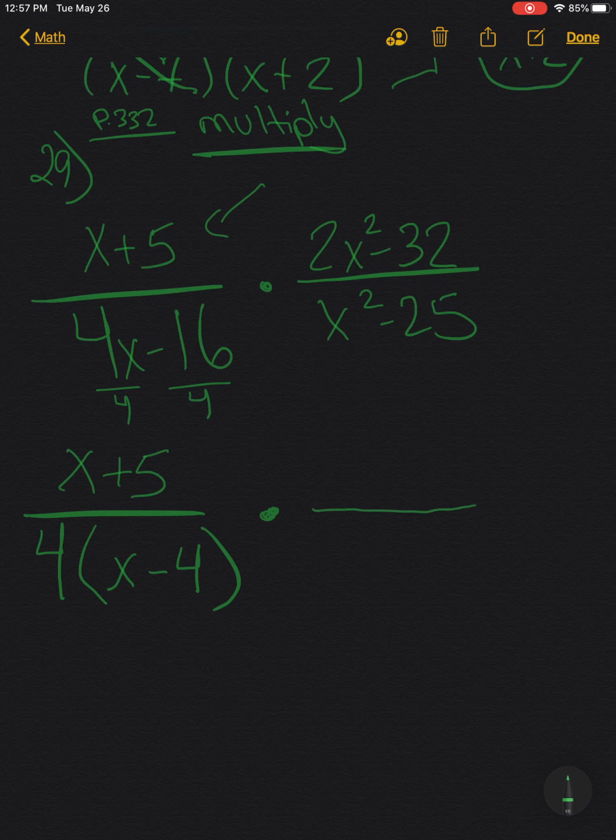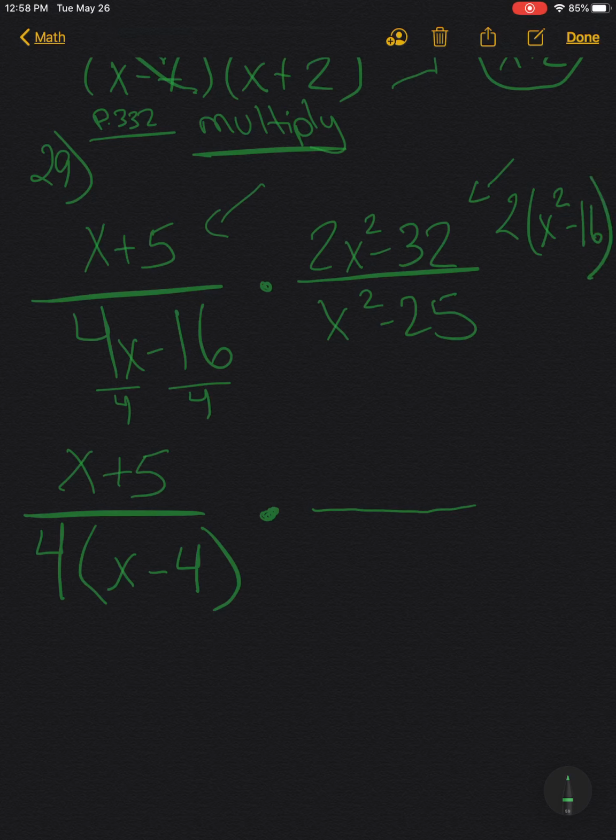Now we look at the other fraction. Okay, let's start with the numerator. In the numerator, I'm noticing that these terms can both be divided by 2. So that's going to be my first step. Divide them each by 2. So that would be 2 parentheses x squared minus 16, right?